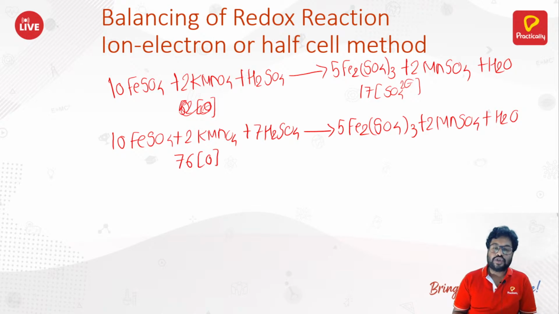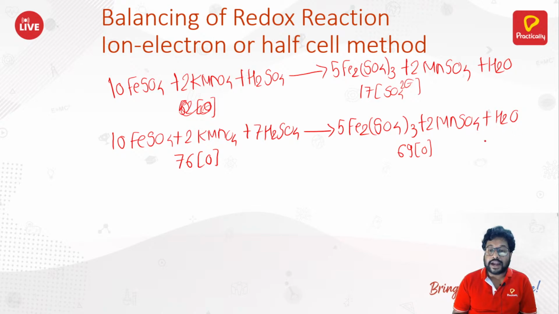How many oxygen do you have on the right hand side? 4 into 3, 12. 12 into 5, 60. 60 plus 8, 68. Plus 1, 69. You have 69 oxygen. That means 7 oxygen are less on the right hand side.